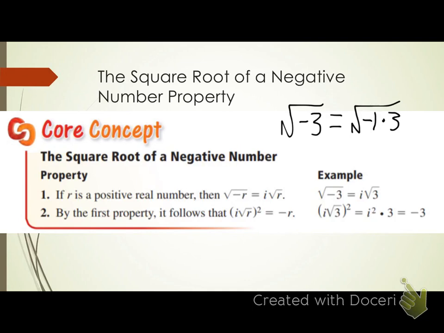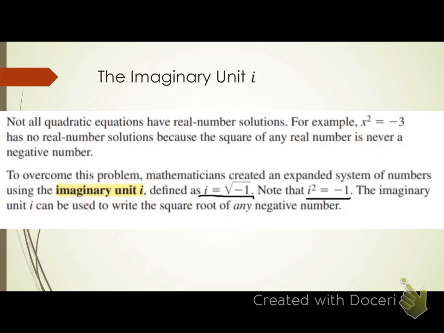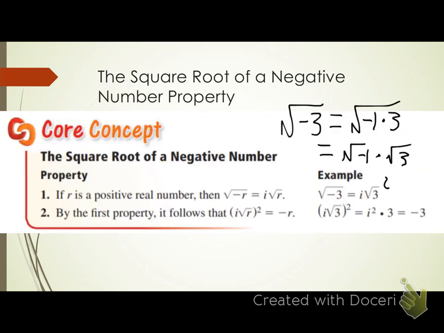And my property of radicals says that I can split those two numbers into their own radicals. So what did we say the square root of negative 1 was? An imaginary number. Square root of negative 1 is I. So that's why they got I square root of 3 for square root of negative 3. So everyone see that? That's how it's broken down.